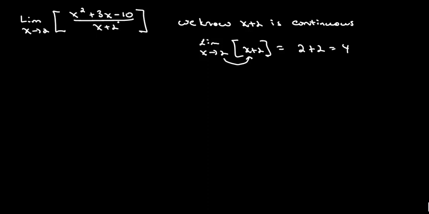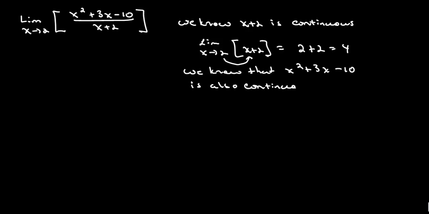Now what we'll do is we'll check the top. Well, the top is clearly continuous because we know that polynomials themselves are continuous. So x squared plus 3x minus 10, that's a quadratic function, qualifies as a polynomial, and so this is also continuous.